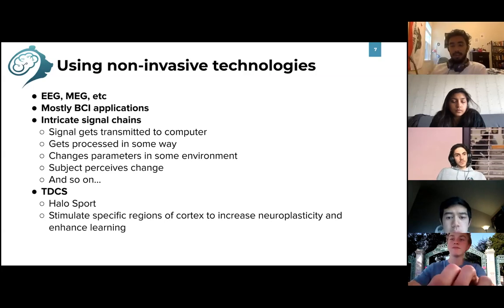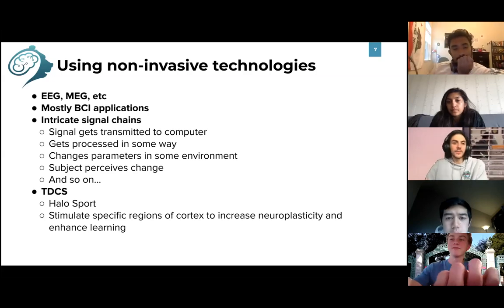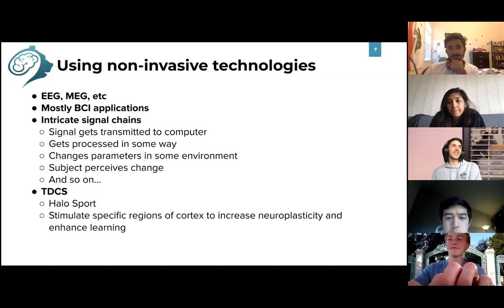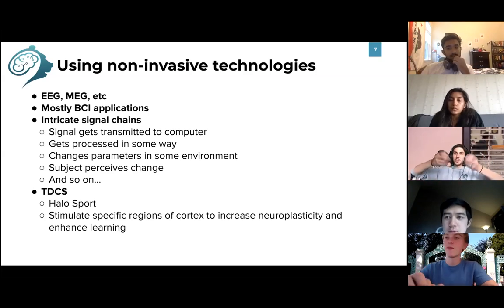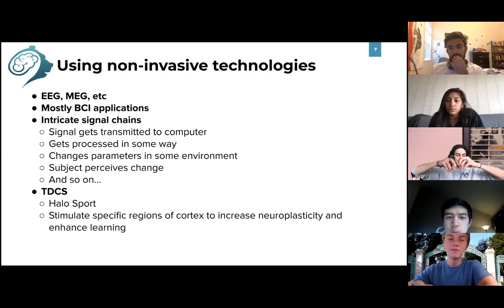Mm-hmm. Yeah, cool. So the problem with EEG, from my perspective at least, is that brain signals are so mixed and chaotic. It's like having a bowl of alphabet soup and you're trying to take all the A's and put them together.